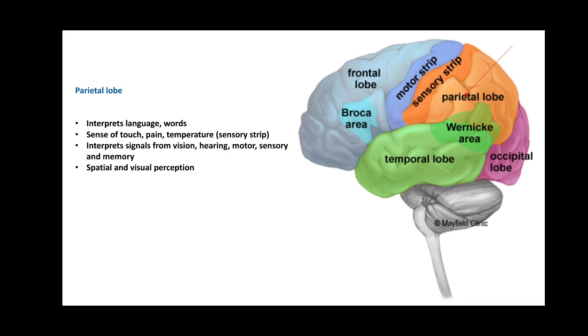The sensory processing is actually going on right there, because the sensory strip comes under the parietal portion. Our perceptions are also maintained by that particular area. So all the different kinds of senses are regulated by this parietal lobe.